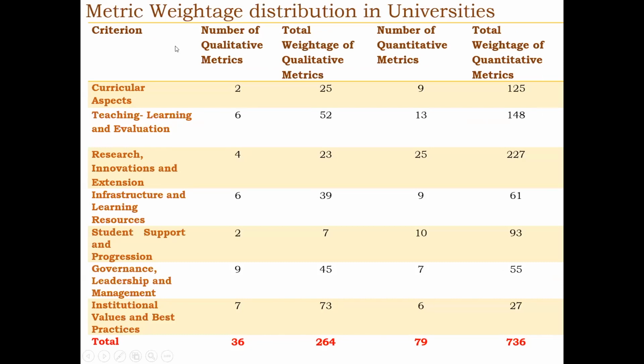Suppose for the first criterion there are 2 qualitative, 6 for the second, 4 for the third, 6 for the fourth, then 2, 9, then 7, and the weightages are also given. The same way quantitative metrics for each criterion and the weightage. Overall, we have 36 qualitative metrics, the total weight is 264, and for quantitative metrics 79, the weightage is 736. Clubbing all, it will come to 1000.